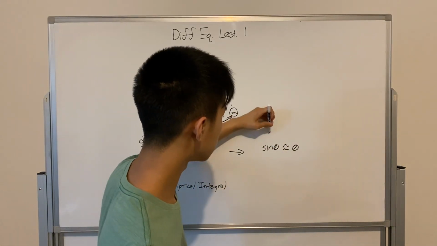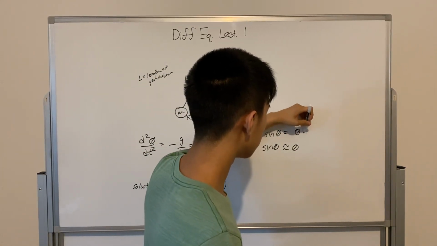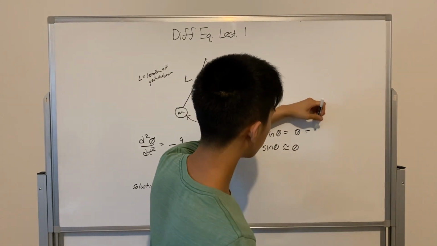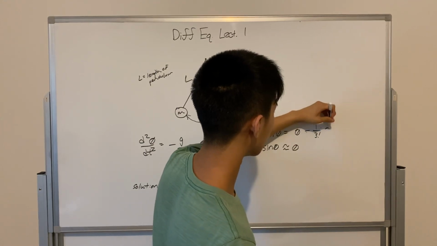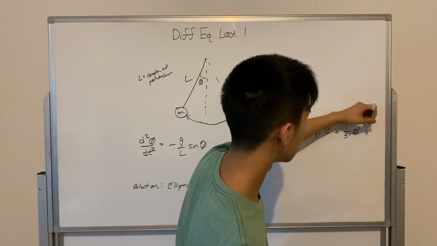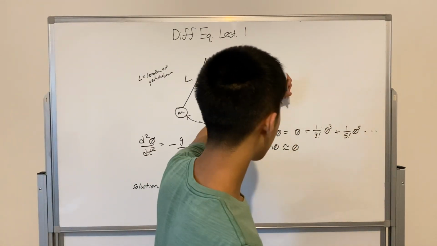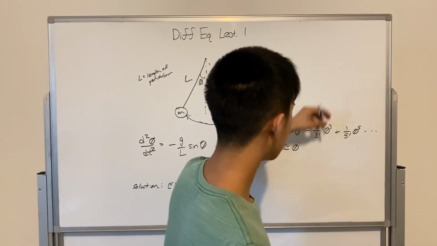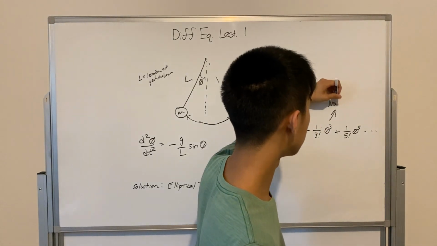The reason for this is because the Taylor series of sine theta is equal to theta minus 1 over 3 factorial theta cubed plus 1 over 5 factorial theta to the 5th, and so on. But if you have very small angles, when theta is really small, these terms become insignificant, so negligible.